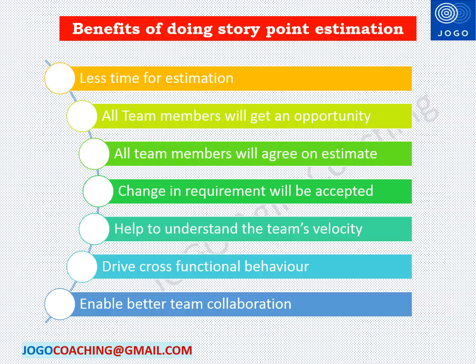Story point estimation will help to drive cross-functional behavior within the agile team. Every team member will have the ownership of the estimation because all the team members will agree on the estimation. Story point estimation technique will enable better team collaboration in the agile teams.